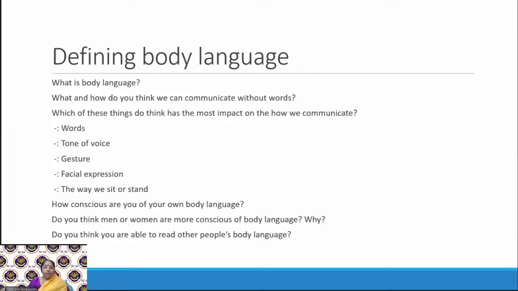Do you think men or women are more conscious of body language? Why? I think women are more conscious of body language, but anyway, I don't know. It can be either way also. Do you think you're able to read other people's body language? Yes, you must be able to, because that will help you judge people. People cannot cheat you if you're able to understand the body language of the other person.